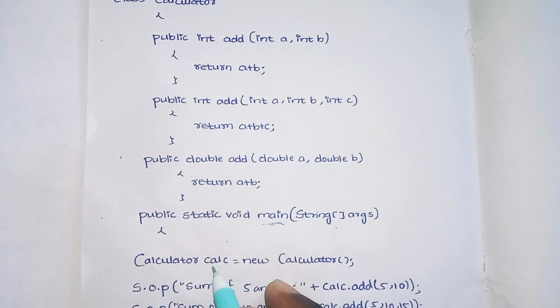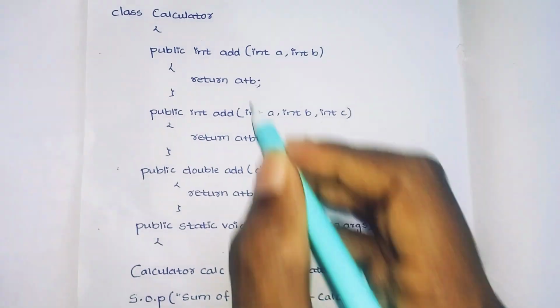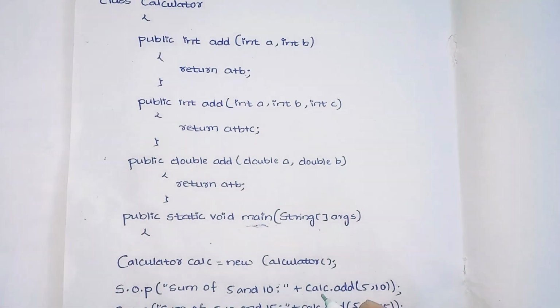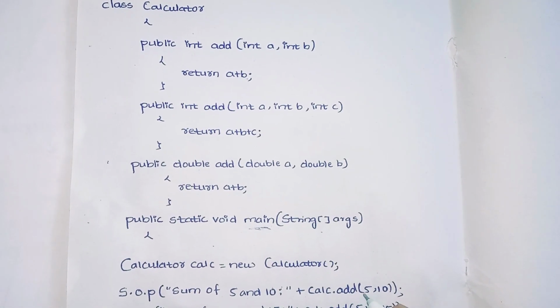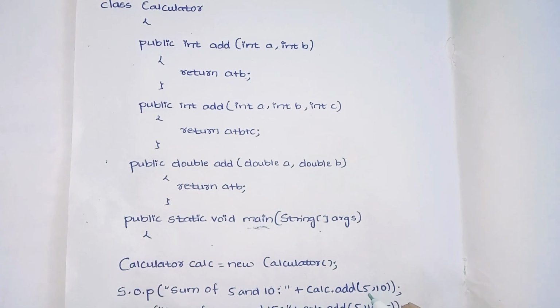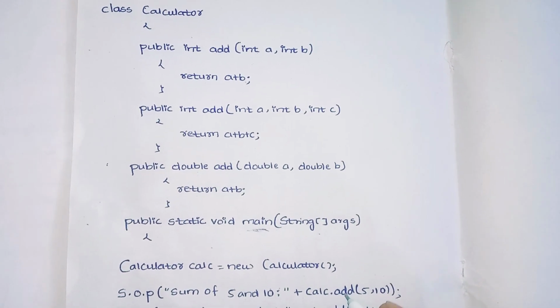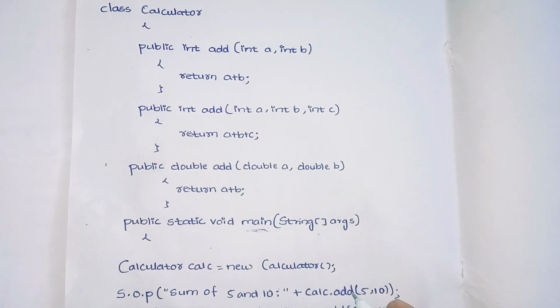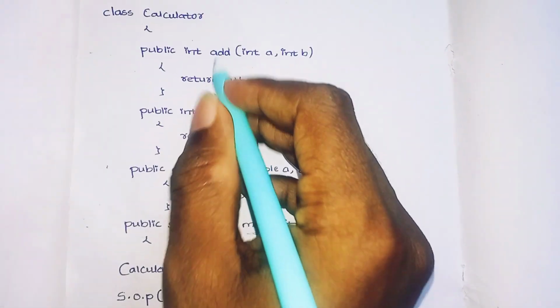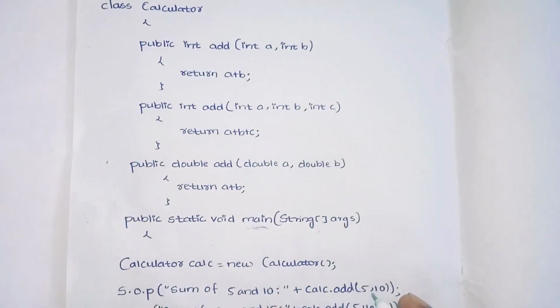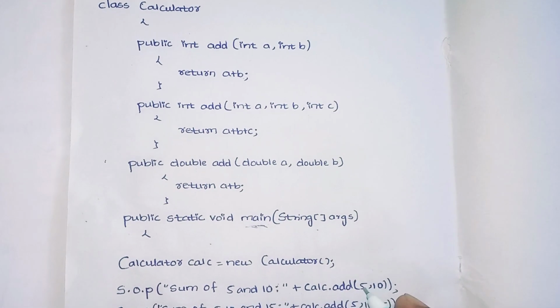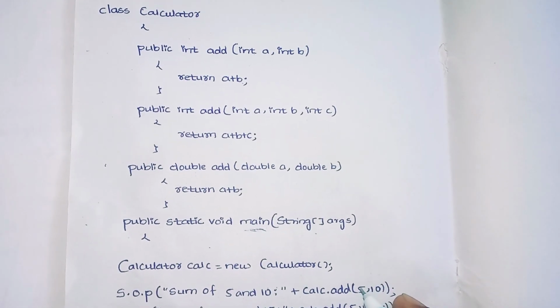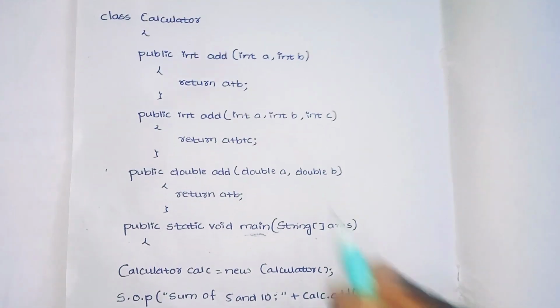Using the reference variable calc we are calling the methods, that is calc.add, and we are passing the two arguments 5 comma 10. As we are calling this method add, which method among these three will be called? As we are passing two arguments which are of type int, it will check for the method which has two parameters.